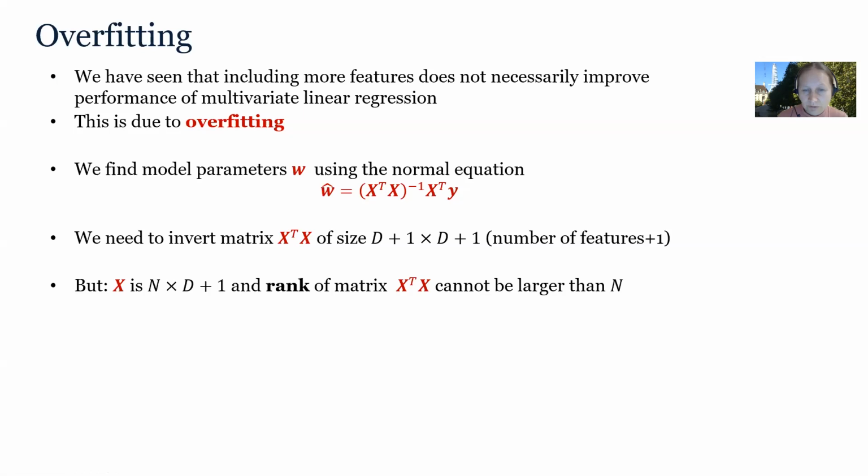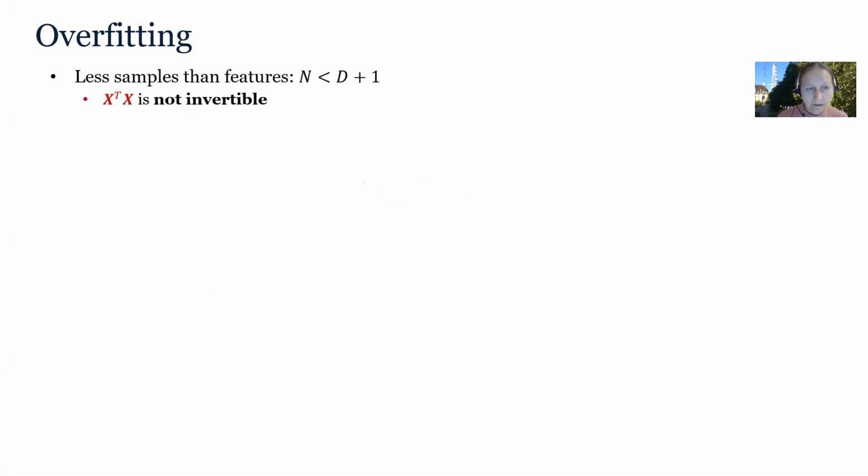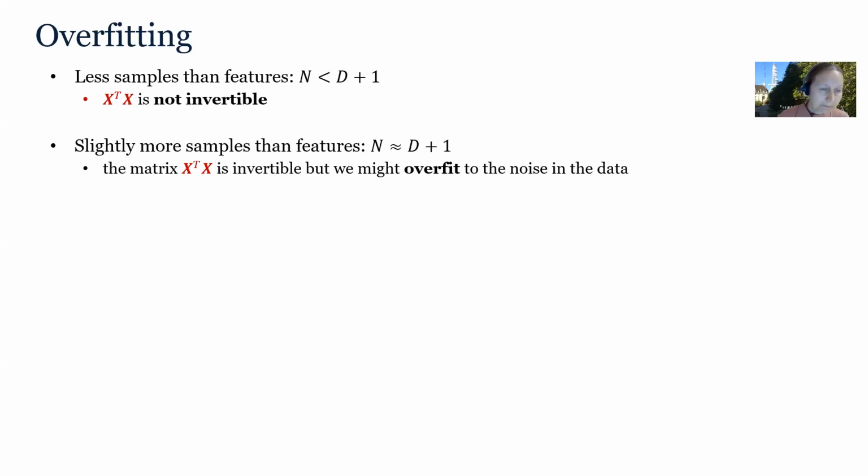So it's possible that in some situations this matrix will be singular. If it happens that we have fewer samples than we have features, that's when the rank will be smaller than the full rank, d plus 1, and then we cannot invert this matrix because it's singular. And in that case, there is no unique solution to this problem. So there are many solutions and we pretty much cannot really solve it.